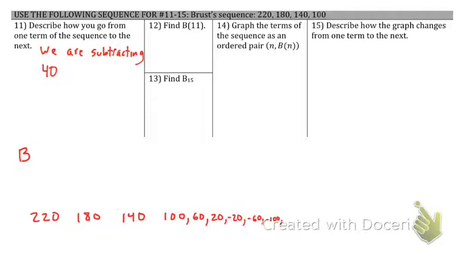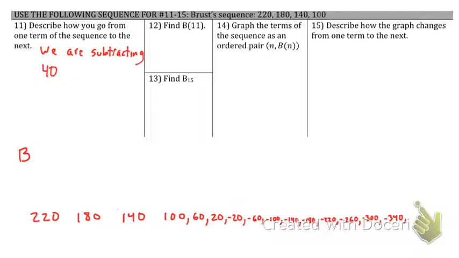Negative 100 minus 40, negative 140, negative 180, negative 220, negative 260. Again, you can use your calculator for this. You're allowed to have negative numbers in the sequence. Negative 300. Okay, I'm just going to keep going to see negative 340. All right, we'll stop there. Let's see if we have enough to answer at least number 12.